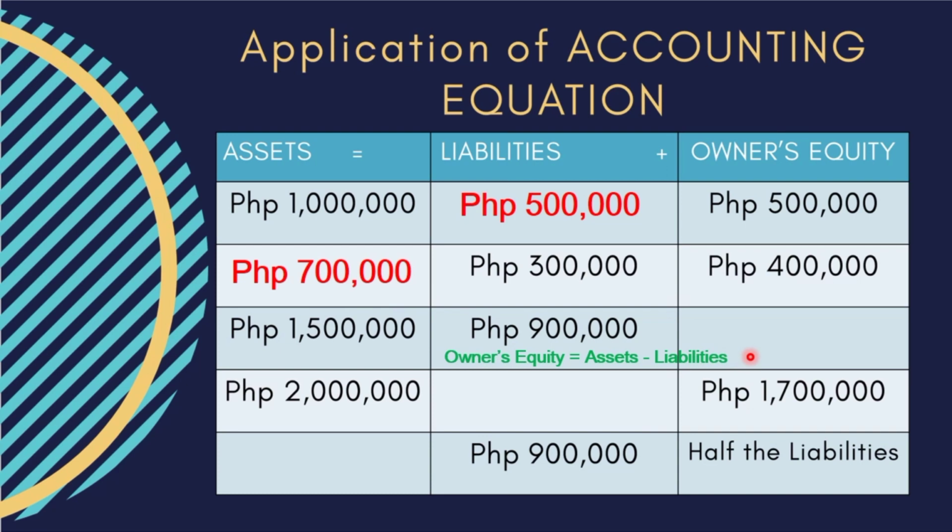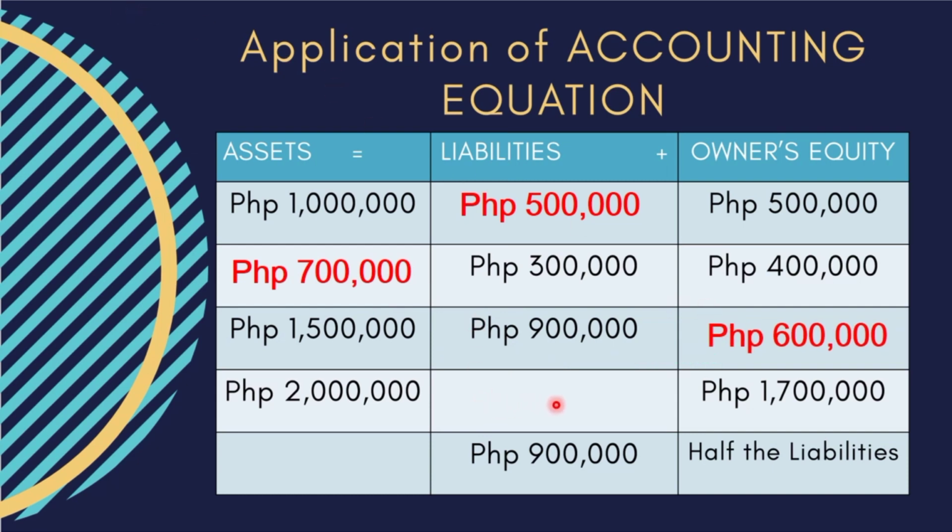Owner's equity is unknown, while assets and liabilities are given. So assets, 1.5 million, minus the value of the liabilities, which is 900,000. So 1.5 million minus 900,000 is, the value of owner's equity is 600,000 pesos.